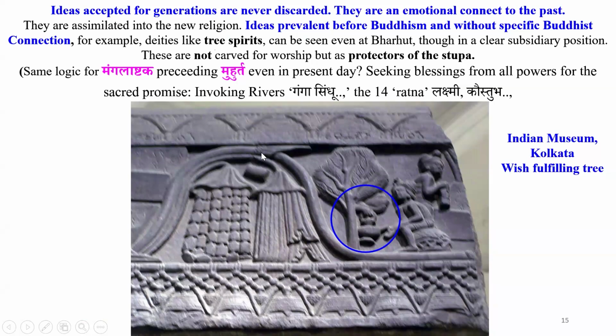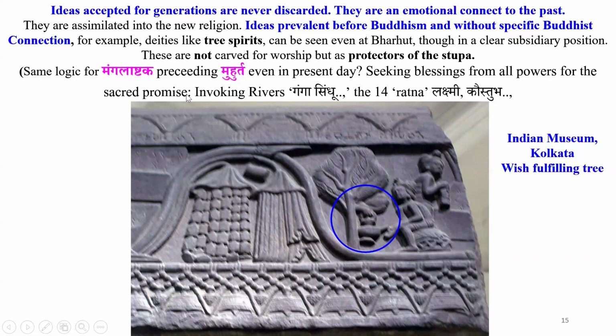Like on a good day, we hang mango leaves, toran, as protectors in a way. Similarly, in Maharashtrian weddings, they have the Mangalashtaka, which actually has no connection to the wedding.